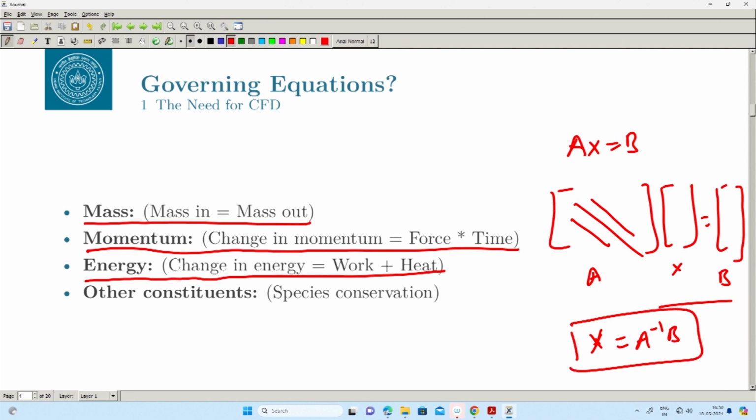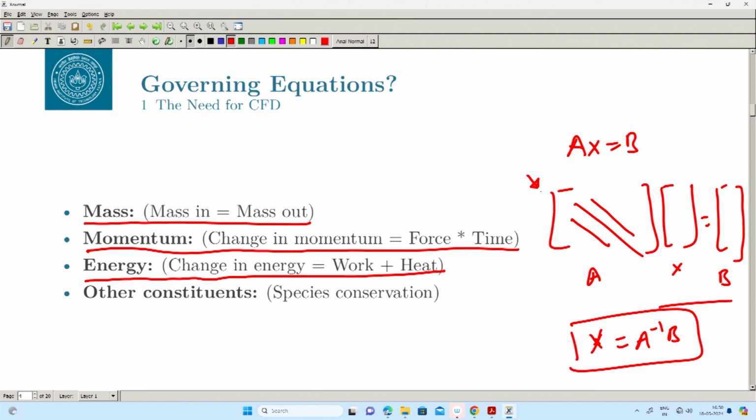This matrix, as you will see, can become very big, because when we solve a system, you have a system domain, and then we have discretized the domain and filled it up with a certain number of cells, and those cells can go up to millions and billions, right. You can think of this matrix size as something like a million by million matrix. So, then it becomes very complicated to solve these matrices directly.